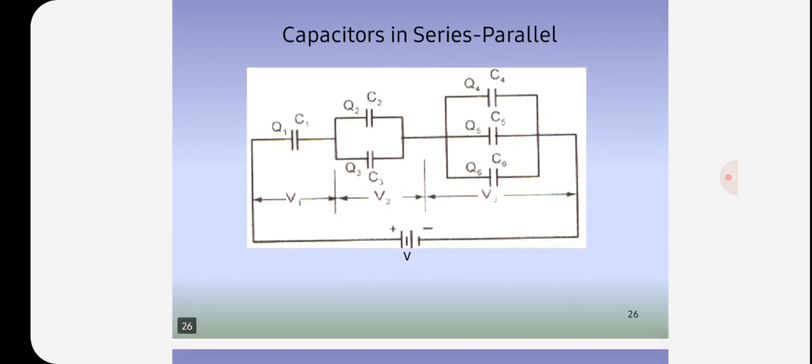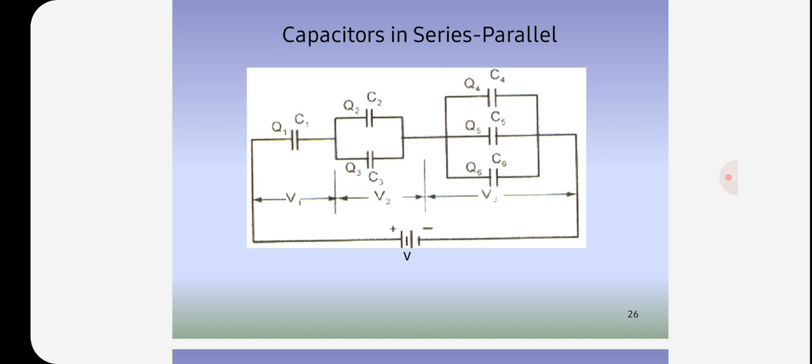Here in this diagram we can observe the capacitors in series and parallel. First, C1 is connected individually, but in the second stage C2 and C3 are connected in parallel, and C4, C5 and C6 are connected in parallel, but these groups are connected in series.